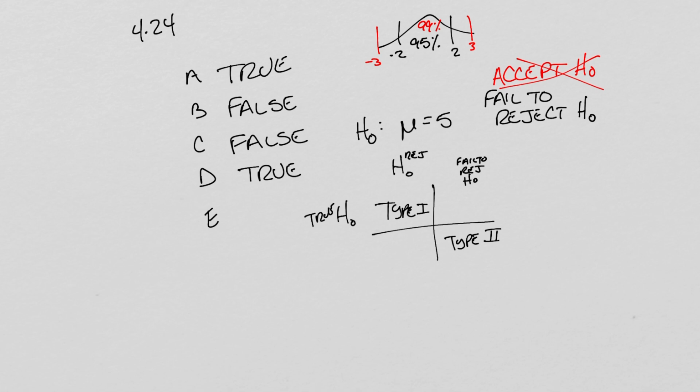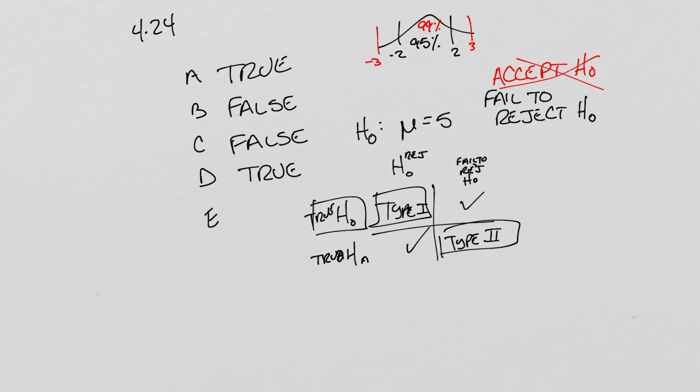So if the null hypothesis is true and we reject it, we're making a type 1 error. But if we fail to reject it, we're okay. And if the alternative hypothesis is true, and we reject the null and go with the alternative, we're good. But if we fail to reject the null when in fact the alternative was true, that's a type 2 error, and you guys can see where power lies in there.